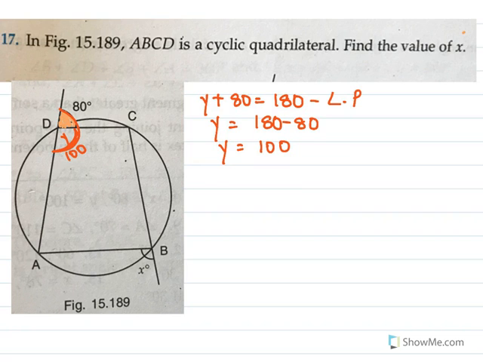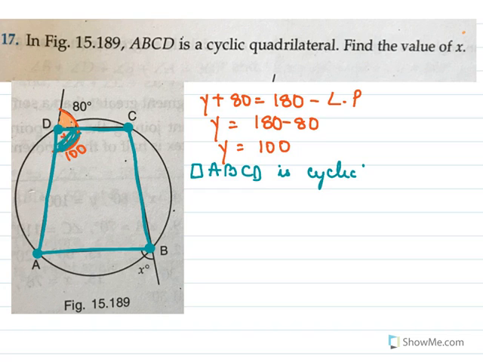Now here's a cyclic quadrilateral, A, B, C and D. So A, B, C and D cyclic. So quadrilateral A, B, C, D is cyclic, which means we have Y here, this was Y, plus this angle, we'll call this angle say Z, this was Y, and Z will be 180.